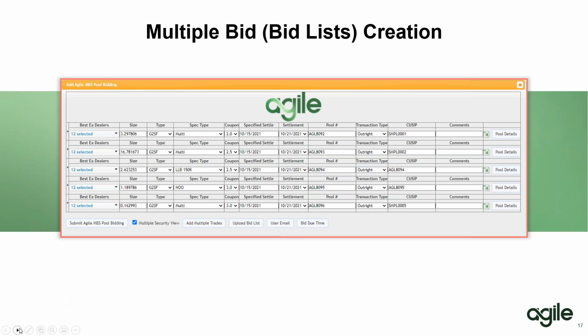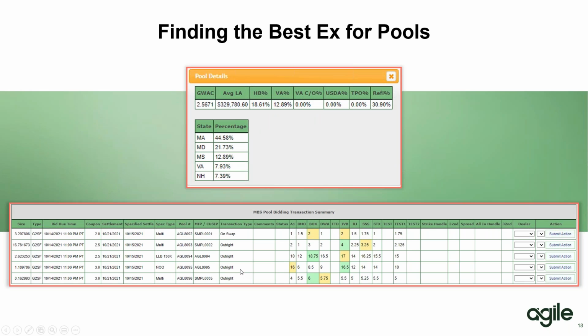The way that would look is right here on the bottom where you see this MBS Pool Bidding transaction summary. This is whether the dealer goes into Agile and inputs the spreads there, or they reply back to the email and it gets straight through.